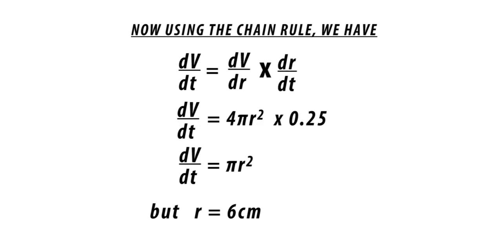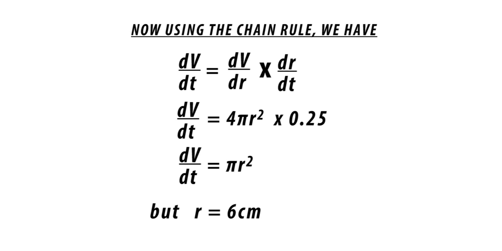So using the chain rule, we have dV/dt is equal to dV/dr multiplied by dr/dt. So dV/dt is equal to 4 pi r squared multiplied by 0.25. We simplified that to get dV/dt is equal to pi r squared.